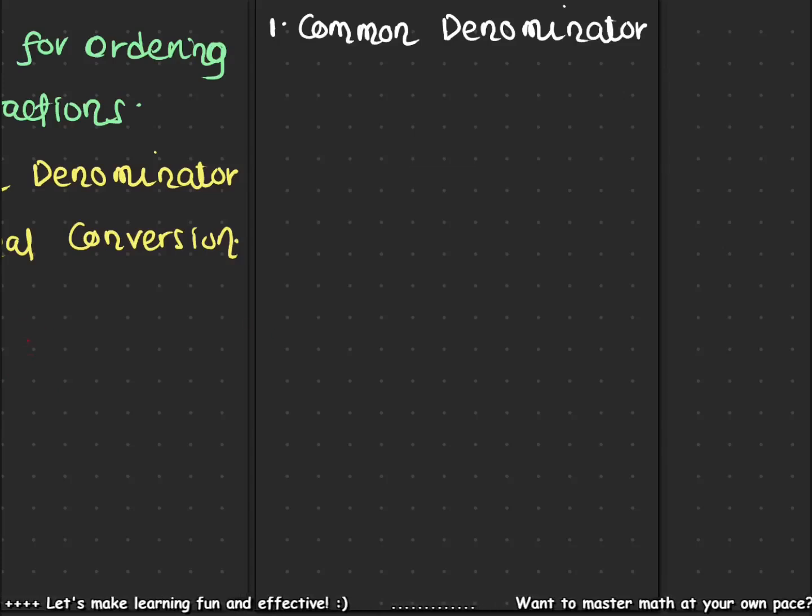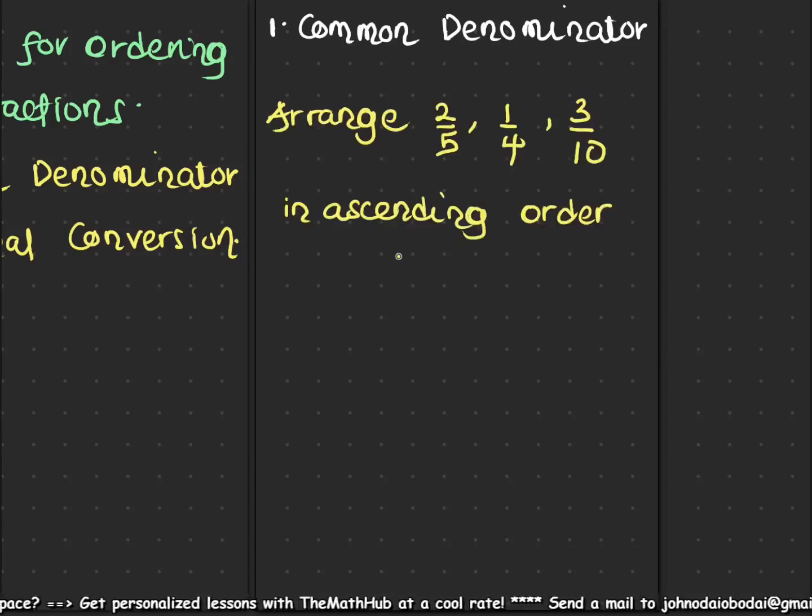Using the common denominator method, all it seeks to do is make sure both fractions we are using have a common denominator, just as the name suggests. Take note of that. We are going to solve some questions so we understand.